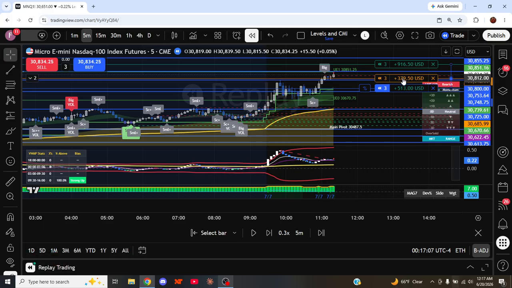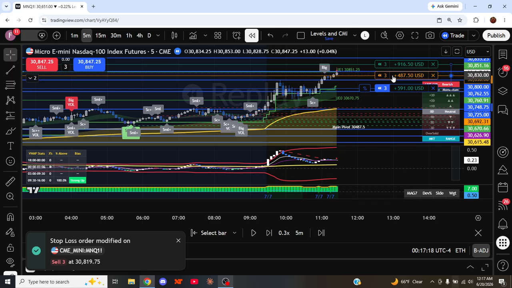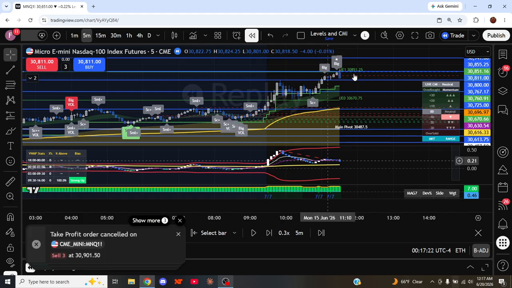Trailing up. Probably trying to be greedy, get a little more. See if we hit that level. We hit that level. Let's see. Do we turn around? We do. Right off that level, man.